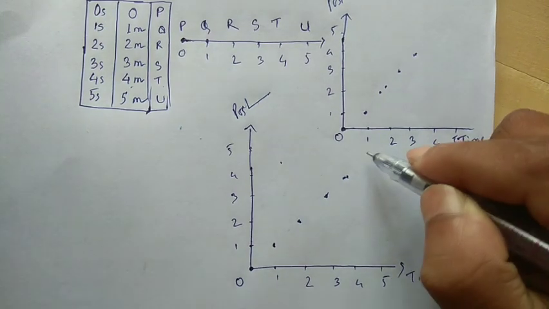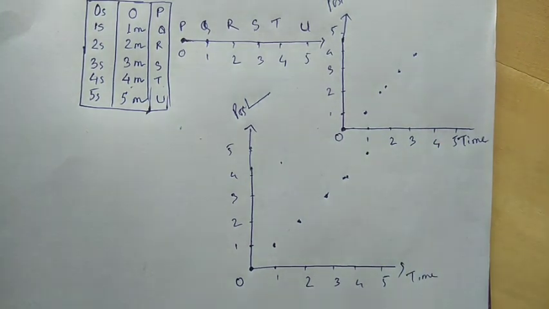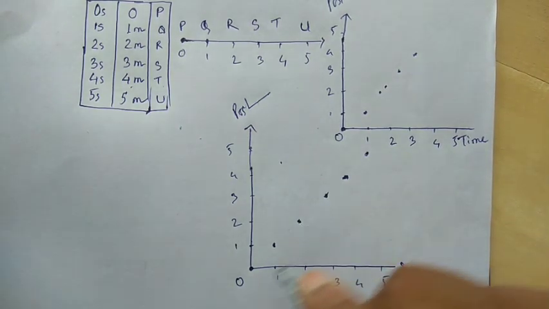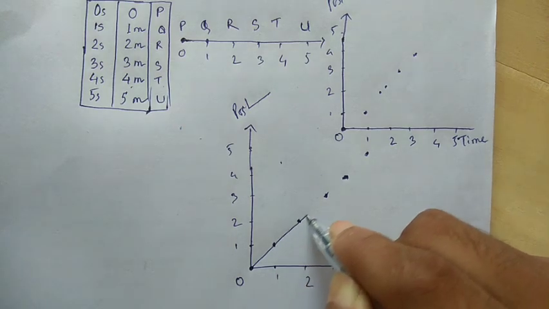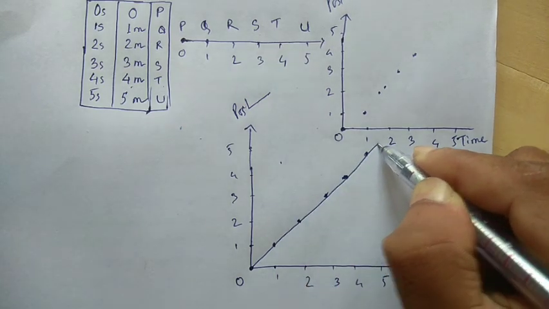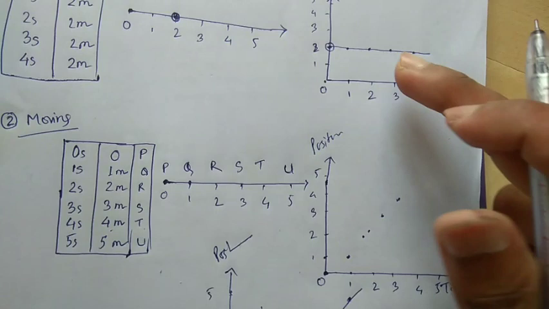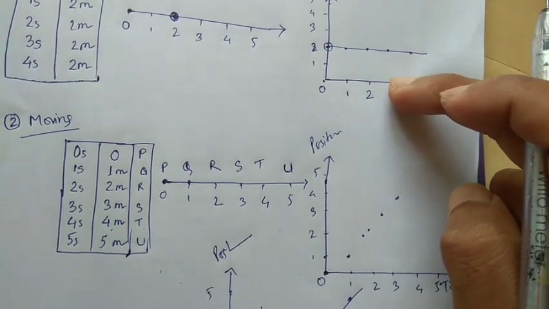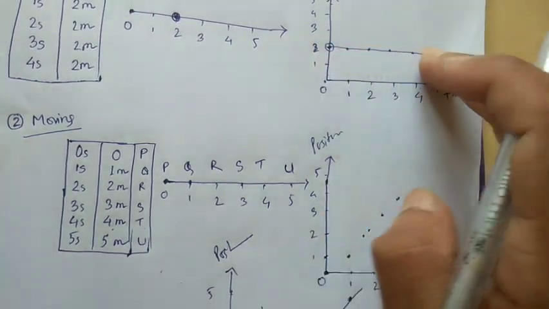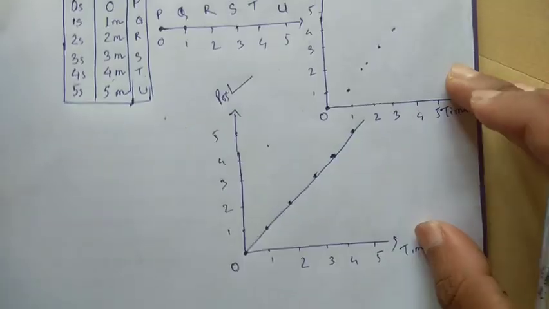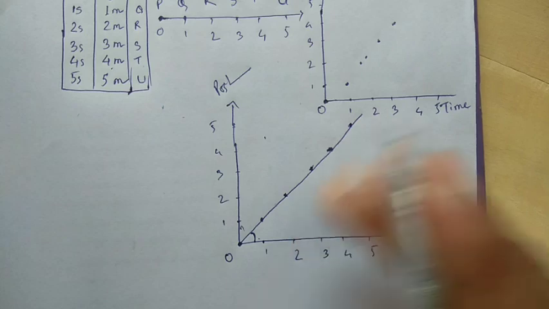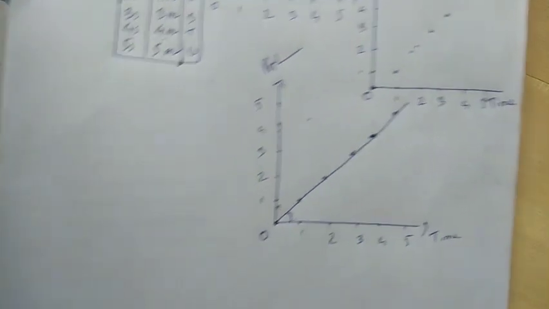And in 5 seconds, the body is at 5 meter. Right? So we have got these points. If we connect all the points, then we will get a straight line again, like the previous case. But in the first case we got a horizontal line, and in this case we have got a straight line which forms an angle with the x-axis or y-axis. You can say anything. Okay?